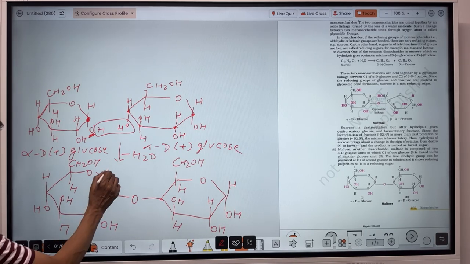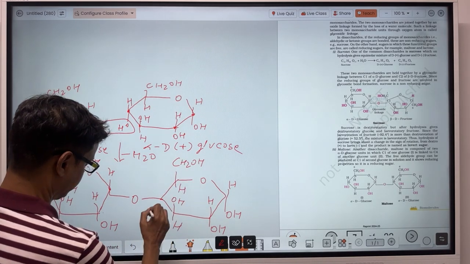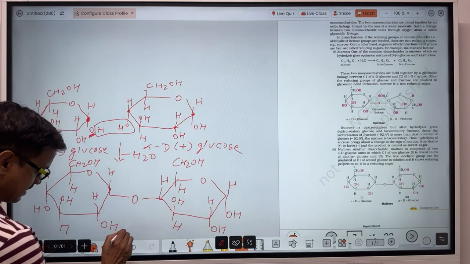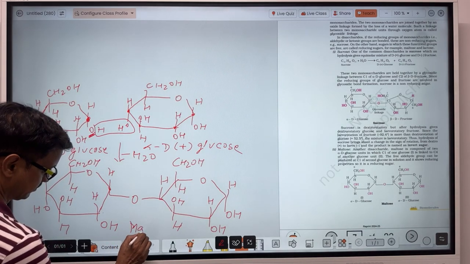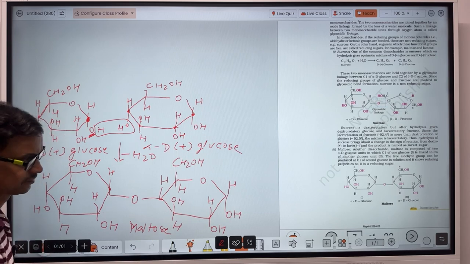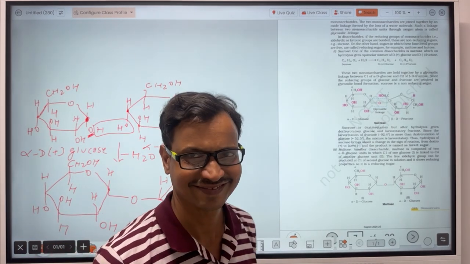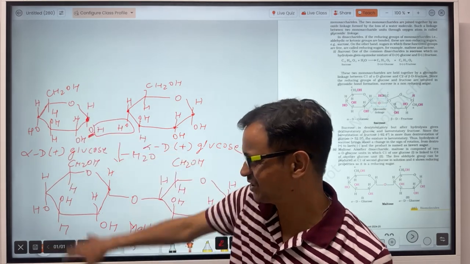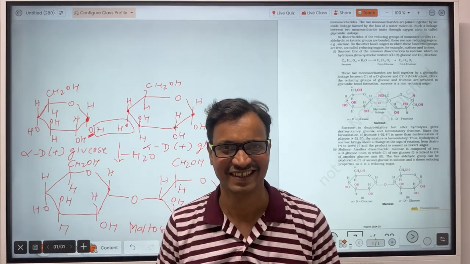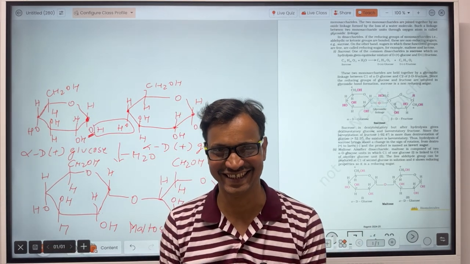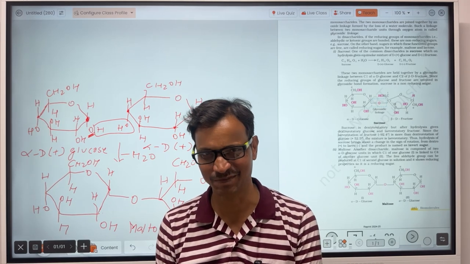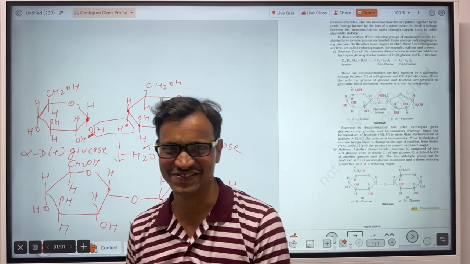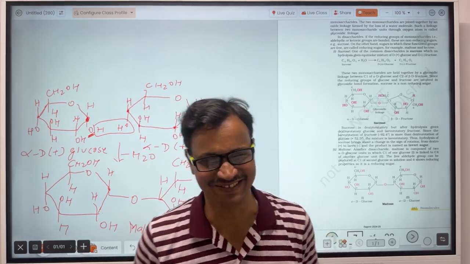So it is okay. So this is maltose. Not easy, but I hope you will enjoy drawing this structure, and you will get the payment of that enjoyment in your examination. So enjoy drawing the structures of these compounds.